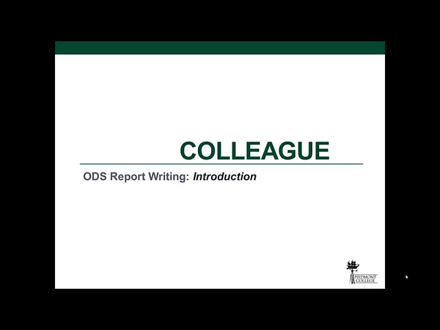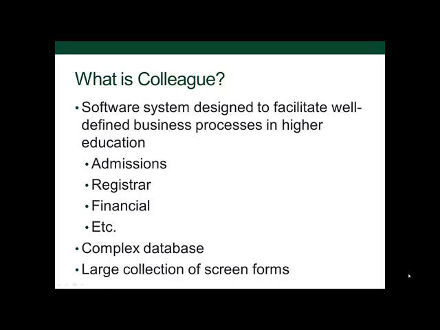So, since the subject of our training is ODS reporting, what exactly is ODS and how does it differ from Colleague? Well, Colleague is a system of programs or program modules that's built to facilitate certain well-defined business processes associated with institutions of higher education, like admissions and registration and financial aid and so forth.